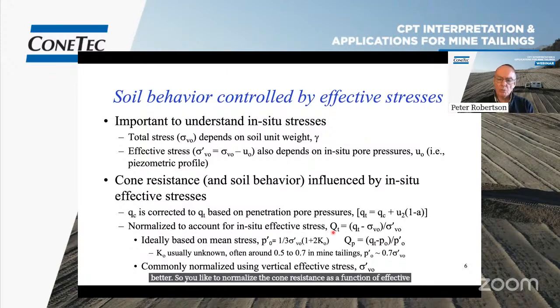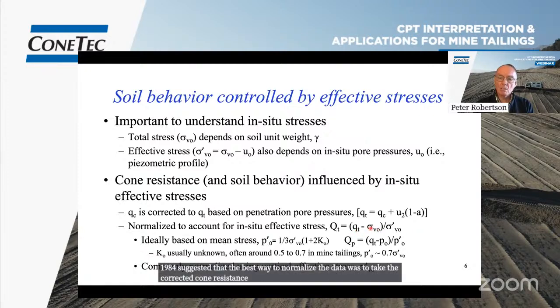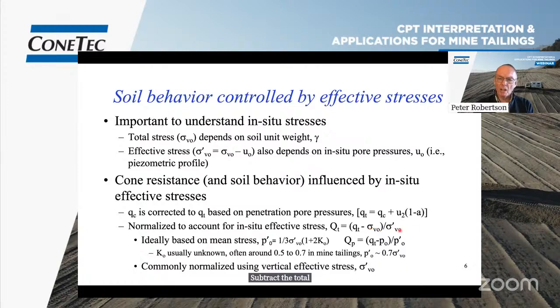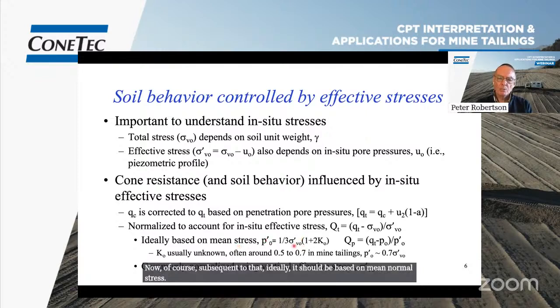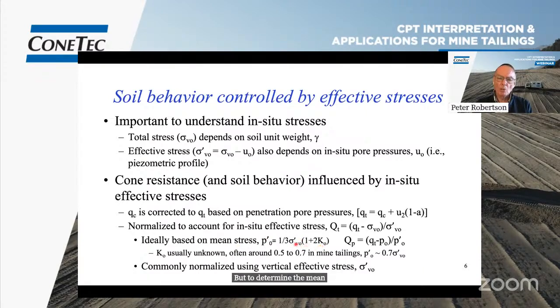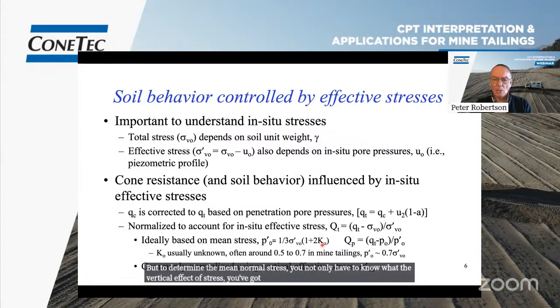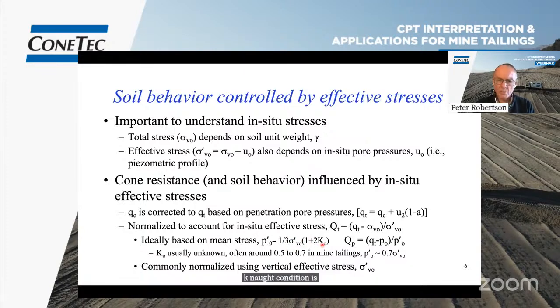And Professor Roth, in his Rankine lecture back in 1984, suggested that the best way to normalize the data was to take the corrected cone resistance, subtract the total overburden pressure, and divide it by the effective overburden pressure to normalize the cone resistance. Now, of course, subsequent to that, ideally, it should be based on mean normal stress. But to determine the mean normal stress, you not only have to know the vertical effective stress, you've got to know what the in situ K0 condition is, and that's not always known.